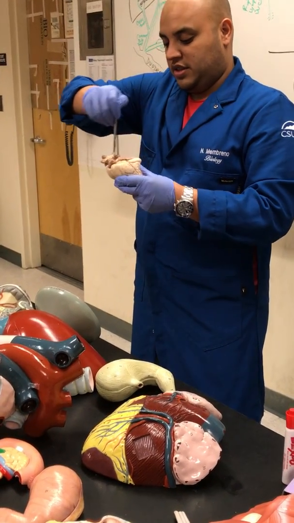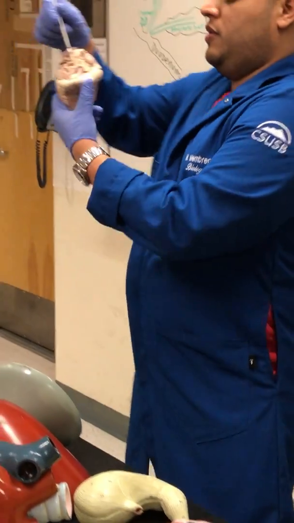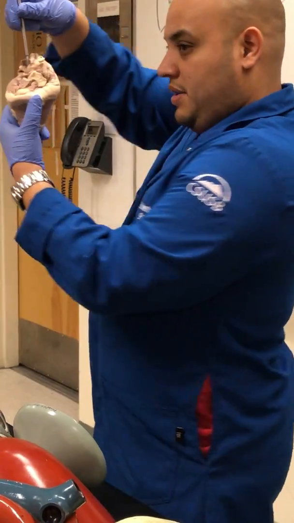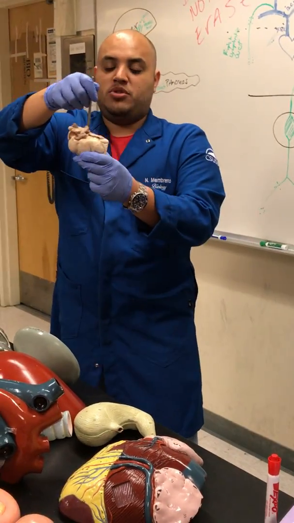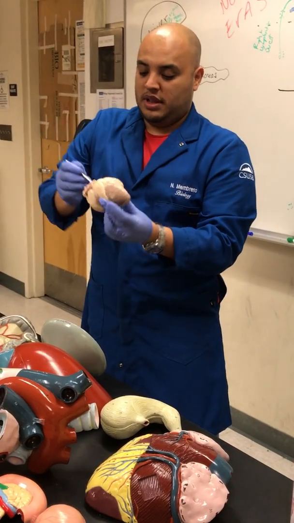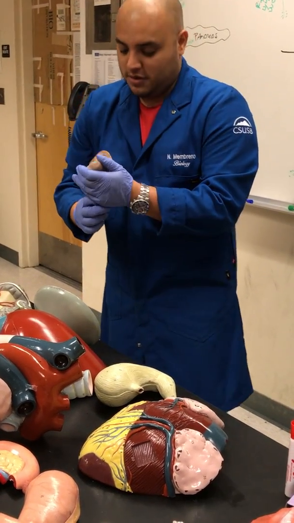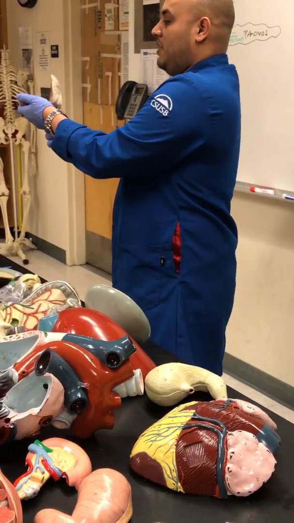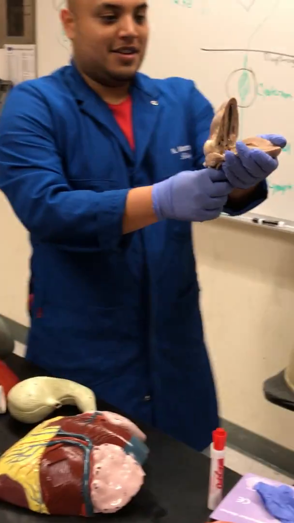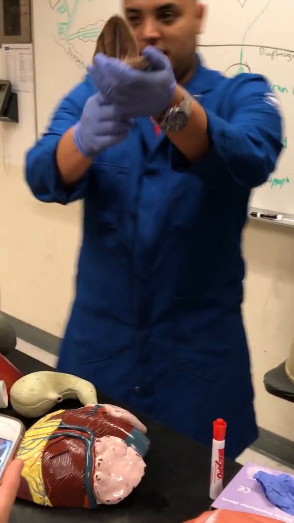If I stick this here, where am I now? It's the aorta. And what chamber should I be in? The left ventricle. Let's see. Oh, look at that. Left ventricle. Okay.